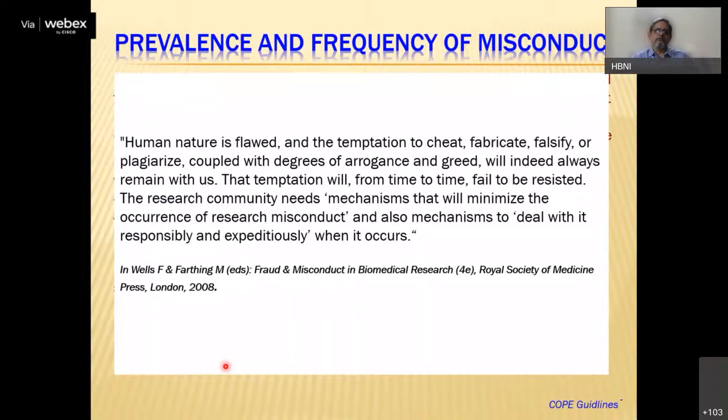The research community needs mechanisms that will minimize the occurrence of research misconduct and also mechanisms to deal with it responsibly and expeditiously whenever it occurs. So this was by Frank Wells in his article on fraud and misconduct in biomedical research.